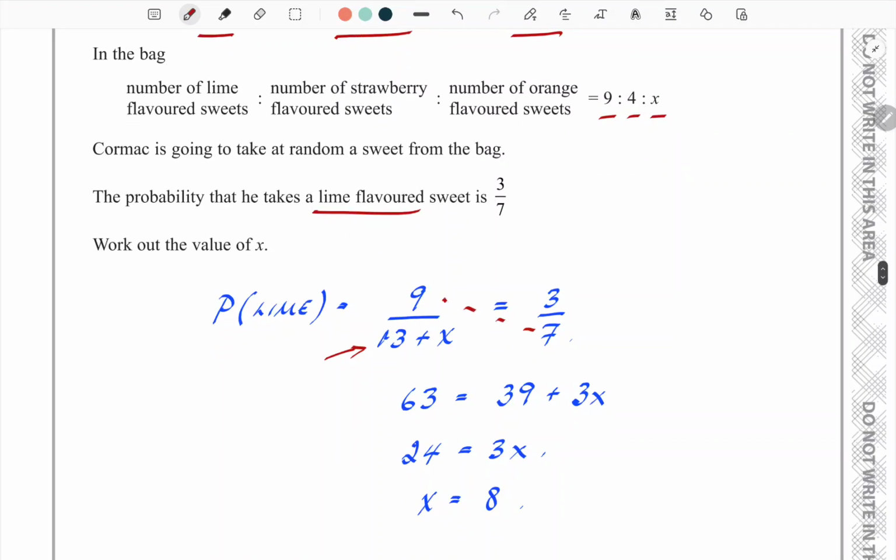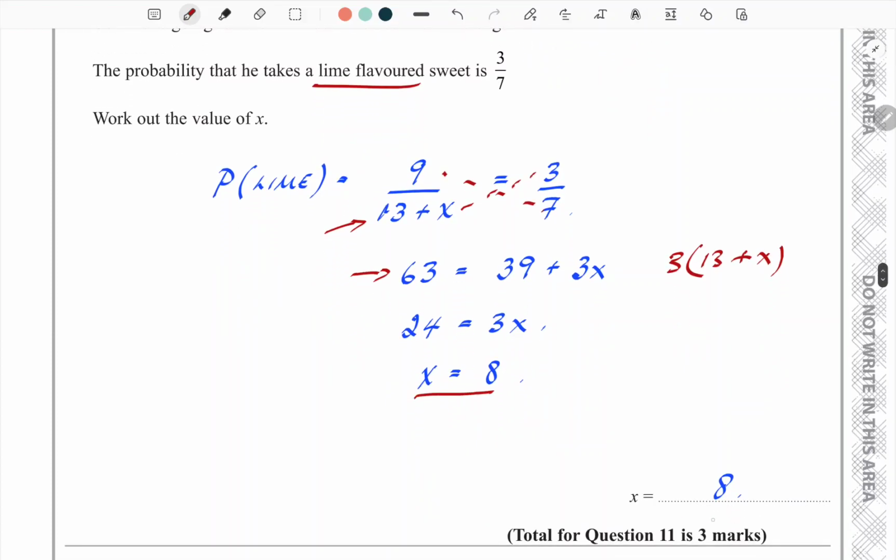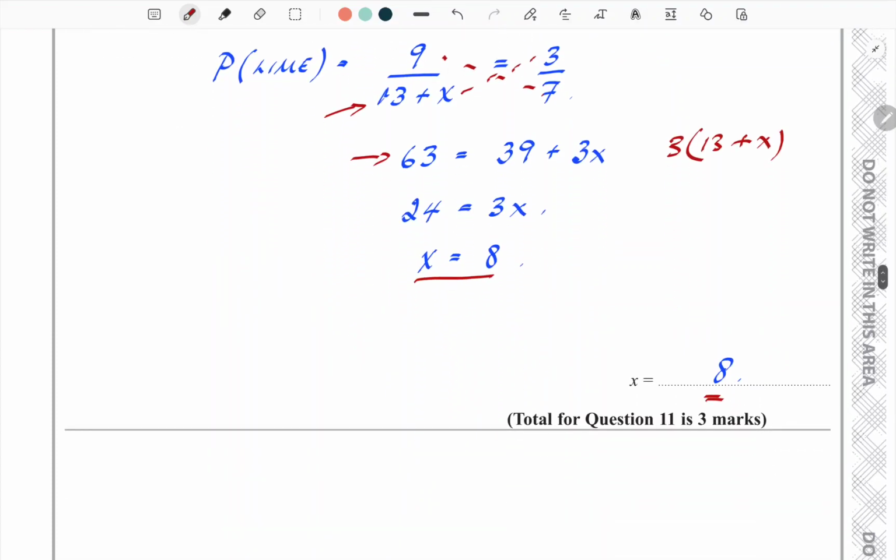If we now cross multiply and get rid of the denominators, 7 times 9 is 63, and on the other side we've got 3 times (13 plus X), hence 39 plus 3X. Move the 39 to the other side, so 63 minus 39, 24, equals 3X, and I've just flipped it around for convenience, X equals 8.